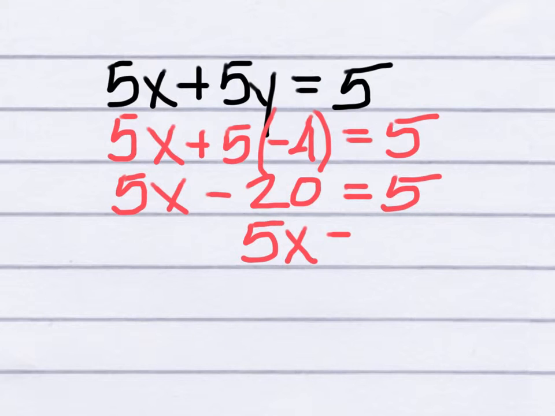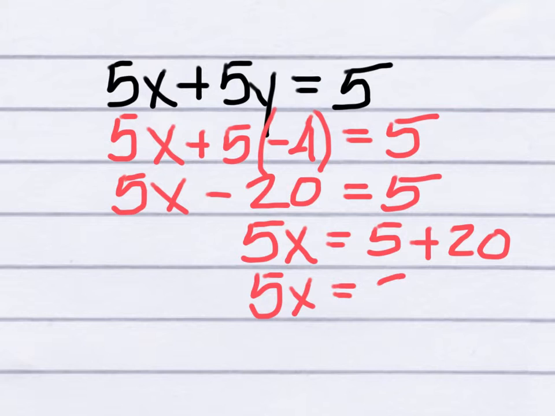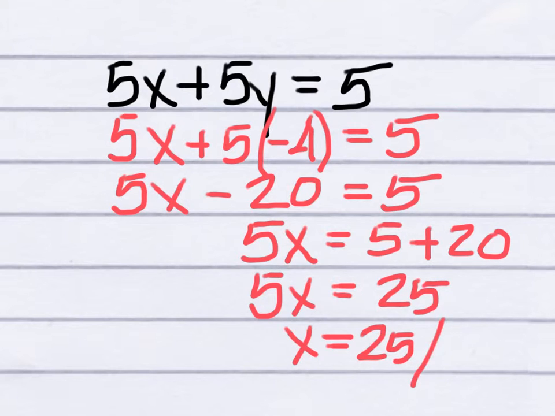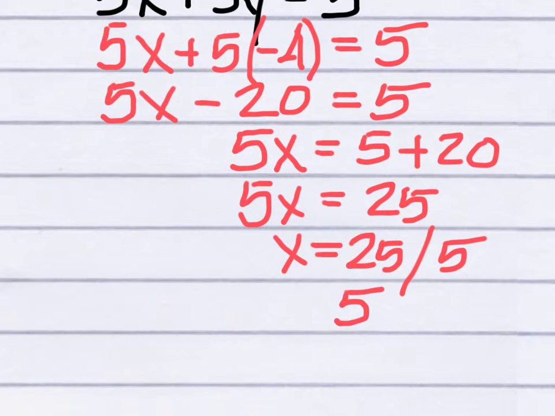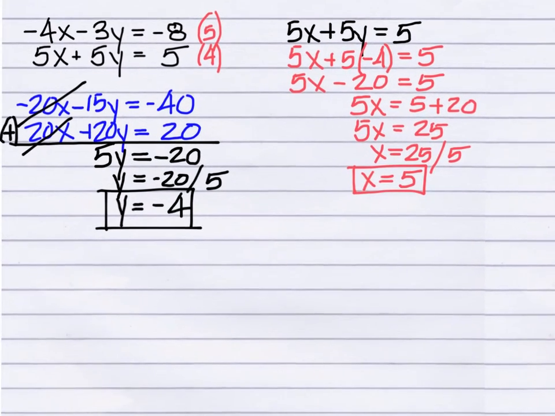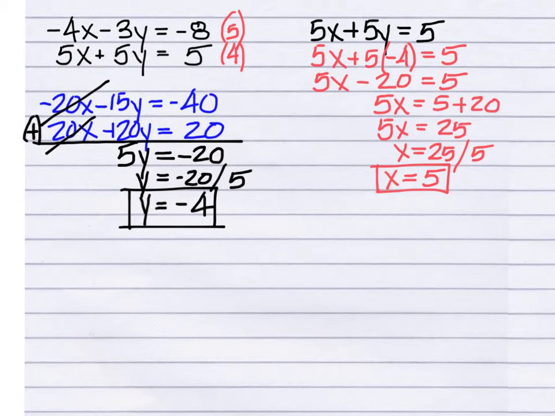Move the -20 to the right, get 25. 25 divided by 5 is going to be 5. So your solution is 5, -4.